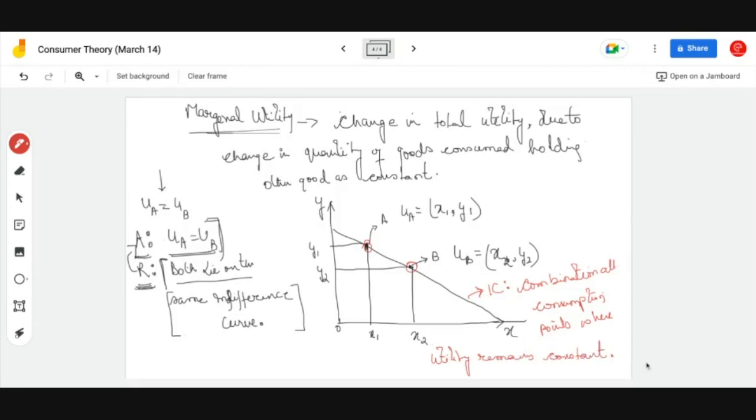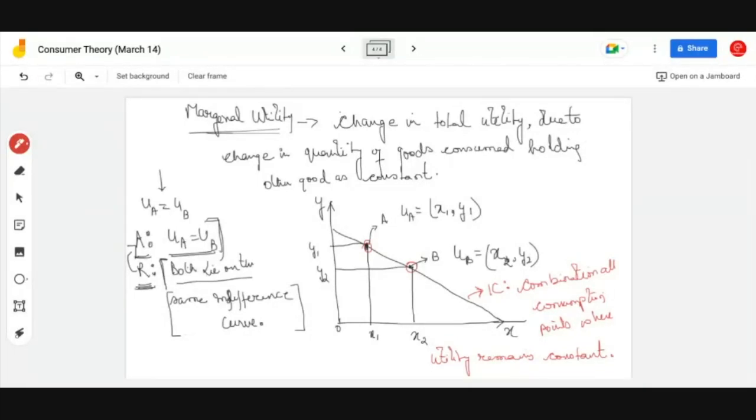Correct? Sir, one question here. In the reason of the question, it has both lie on the same budget line. Then can we say the reason is correct to the assertion? No, no. Till now we have not discussed budget line, and budget line is different from indifference curve. Budget line has nothing to do with utility.